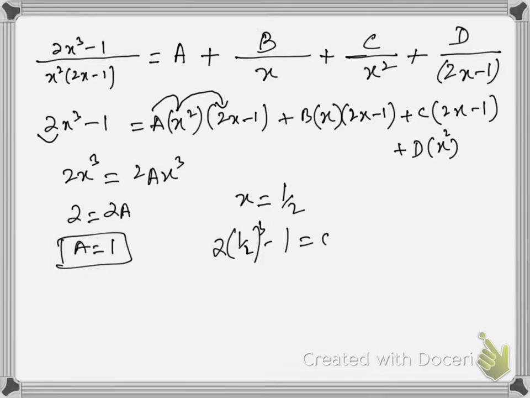The first term will be 0, because when we put 1/2 here it will be 0. The second term will also be 0, and the third term will be 0. And we will have D/4 here. Now we can get the value of D by simplifying this equation, and the value of D will be −3.